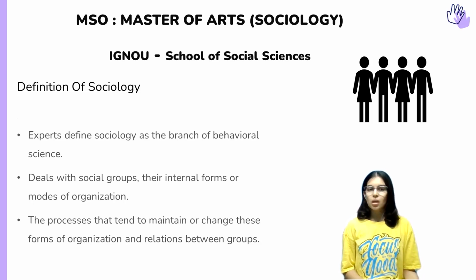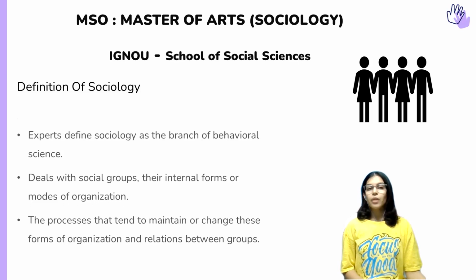And what else do we study in sociology? It is also defined as the processes that tend to maintain or change these forms of organization. The social groups and the organizations that we study in sociology, there are many organizations, many social groups, which you will get to know in further classes.